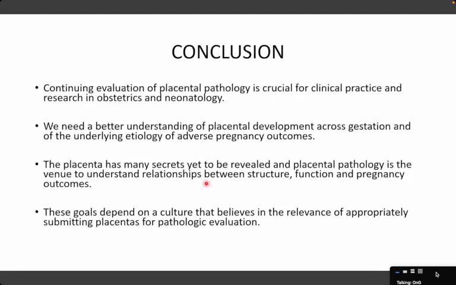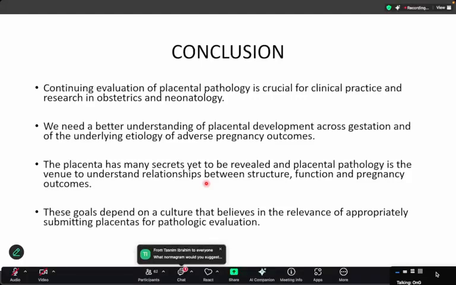Let's say in UKZN we have 200,000 deliveries per year. Given that these are done in quite a large number of facilities across the province, what capacity is there to actually examine the placentas in terms of numbers? Because if everyone starts sending the placenta for all those indications, you might have tens of thousands of cases.